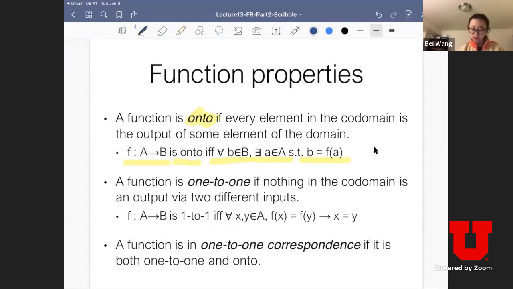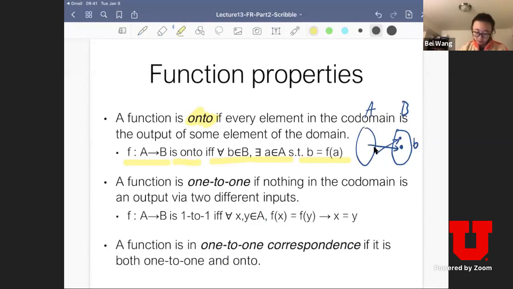A mental picture to have, right? If this is A, B, for every single element b in the codomain, there's some arrow that points to it. So there's always something in the domain that maps to it.